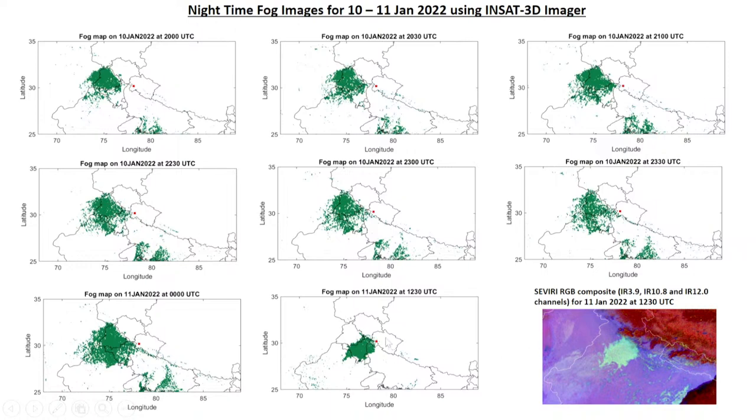And we have also shown the comparison of one of the images with the RGB composite, which shows the strength of the algorithm being applied for the retrieval of the fog. This is a nighttime method, it was only a one step method, and if you see the comparison, it is matching very well, and hence you can understand the strength of the methodology.